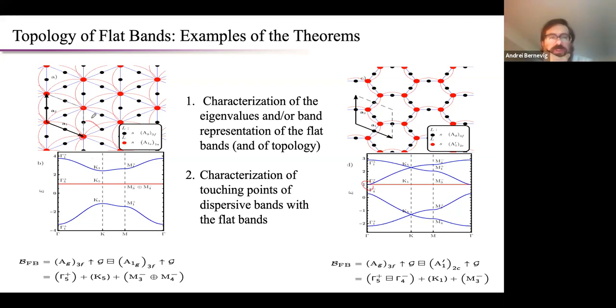Of course, you have two atoms here and one atom here, so you're going to get one flat band. This is the one flat band that you're going to get.